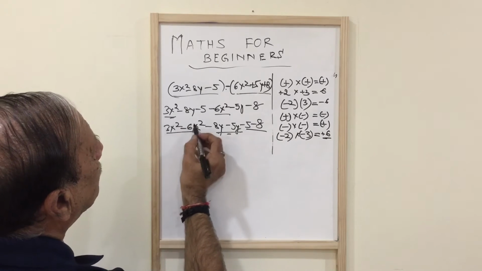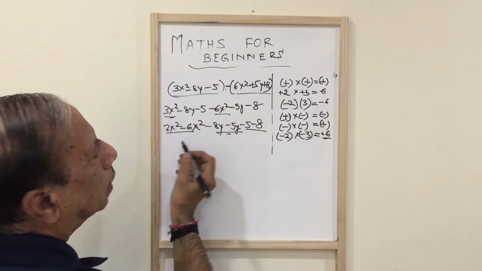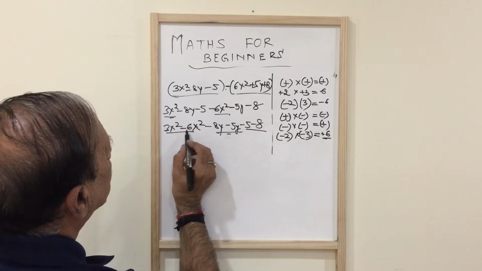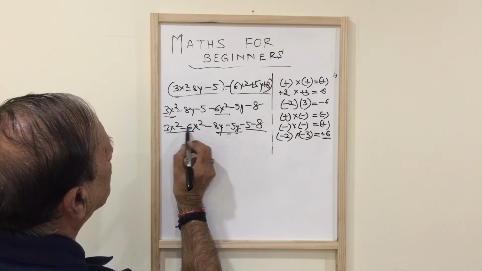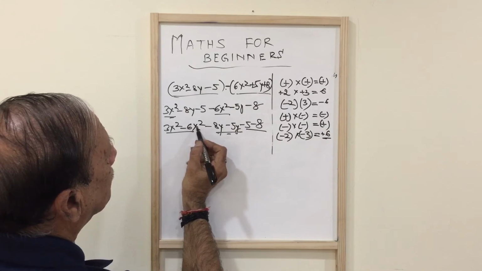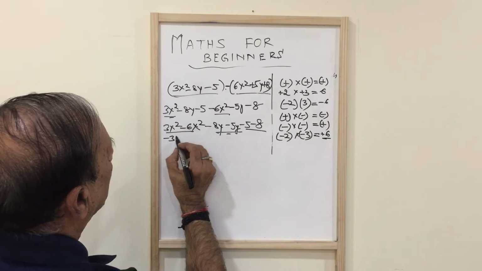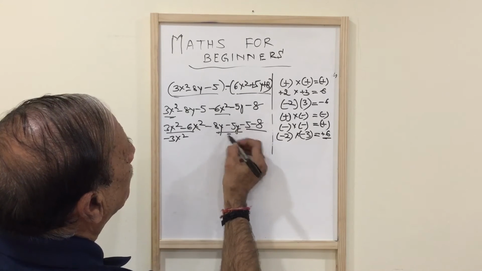So 3x square and 6x square, the variables are common, and 3 and 6 are the coefficients of these. What we have to do is subtract 3 from 6 because 6 is bigger. So it becomes 3x square. Then it's a minus 8y minus 5y.